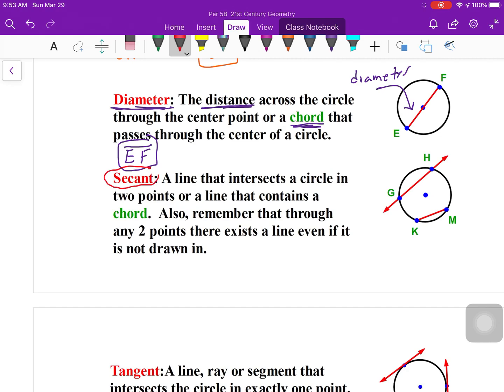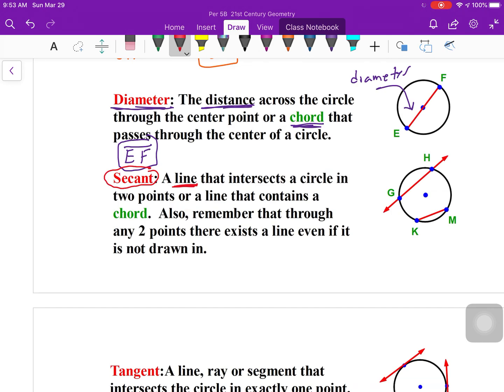Now this next one, I'm pretty sure will be new to you. It's a secant. A secant has to be a line. So we must name secants with a line symbol. It's a line that intersects a circle in 2 points, or in other words, it's a line that would contain in it a chord.